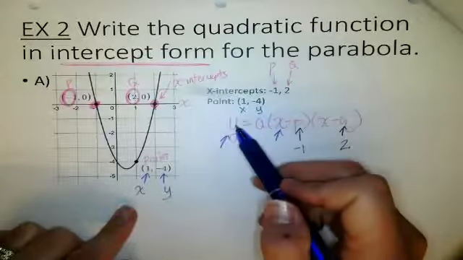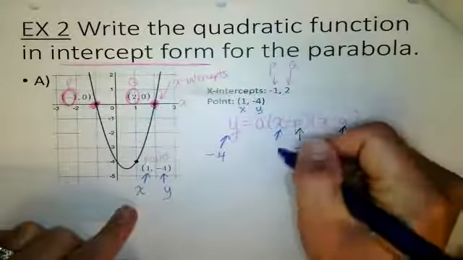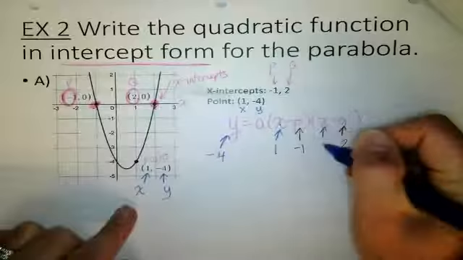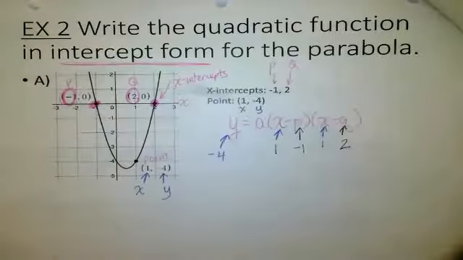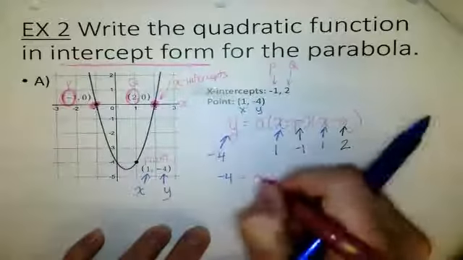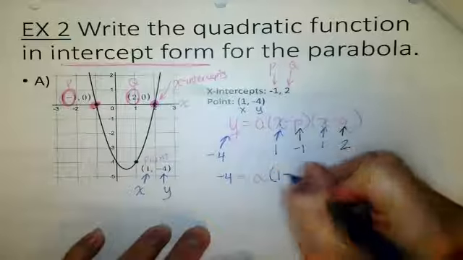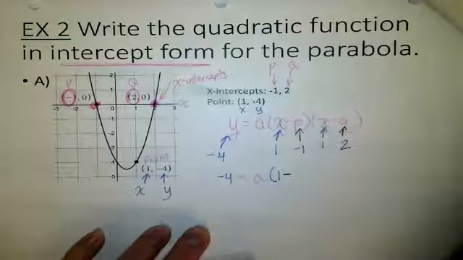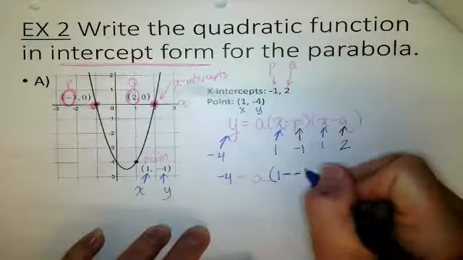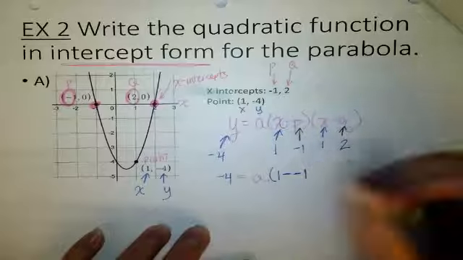What should I plug in for the y? -4 for the y, 1 for the x, and for the other x, 1. Absolutely. Plug everything in. -4 equals a quantity 1 minus a -1, 1 minus a -1.